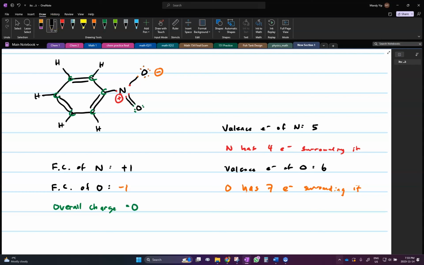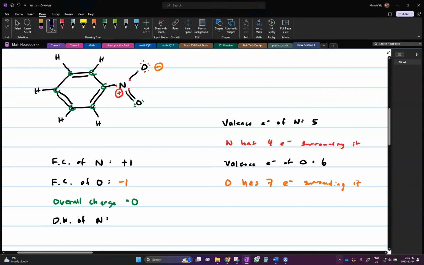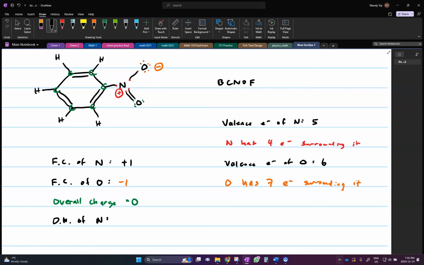Now let's look at the oxidation number of nitrogen. So oxidation number of nitrogen is a little bit more tricky. What I like to do is write out BCNO. That is the order of the elements on the second row of the periodic table, going from left to right. The electronegativity goes up when we go from left to right.